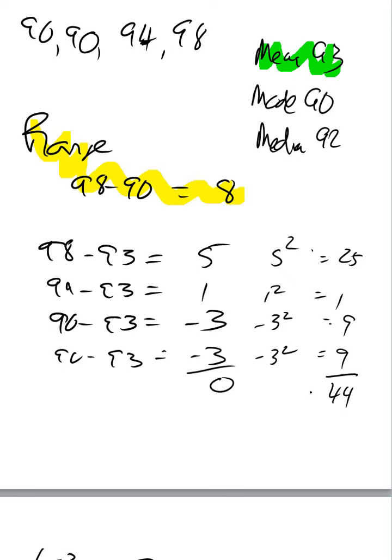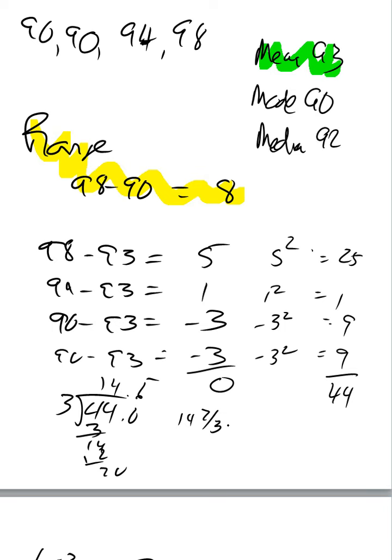So 44 divided, because that's 1 less than that. So 44 divided by 3 is going to be 14.6 repeating, or 14 and 2/3.